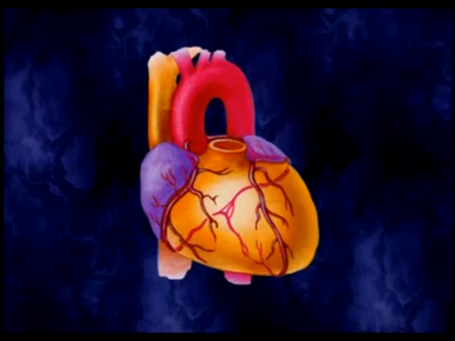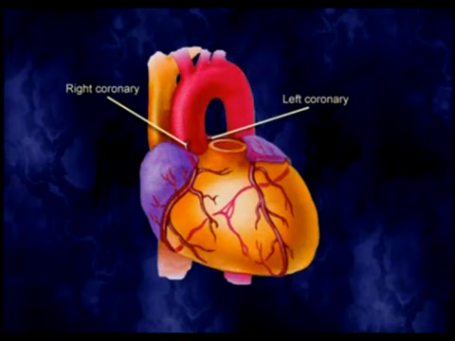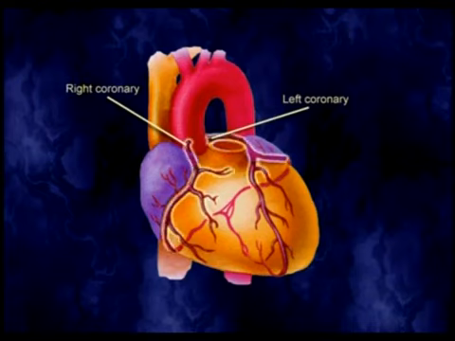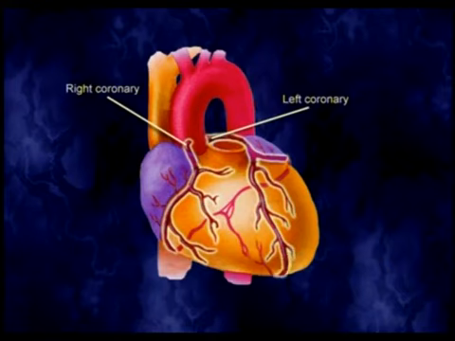Now, coming to the valves of the heart, this is another beautiful system that has evolved over many, many years. And the valves separate our four chambers. If we begin with this side, here is the left atrium, and there's a valve here called the mitral valve or the bicuspid. It just means it has two leaves.